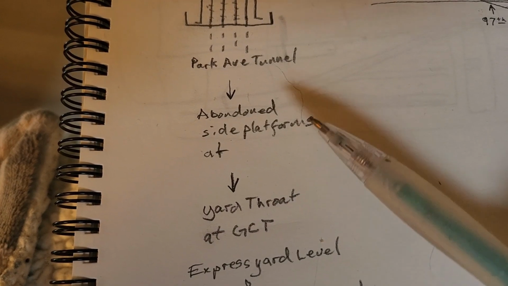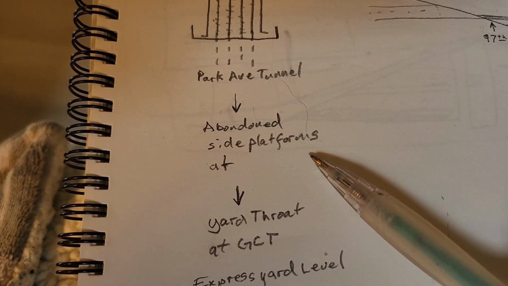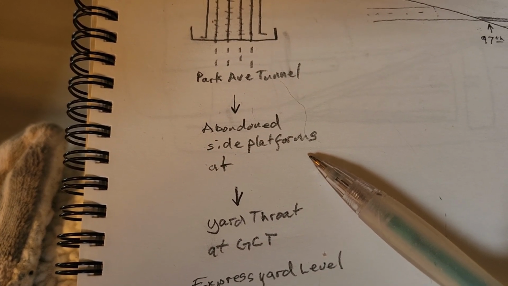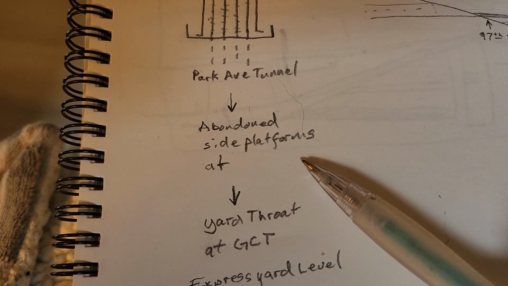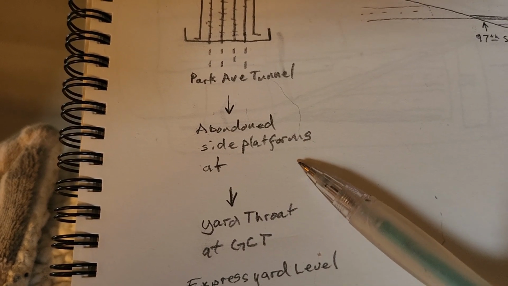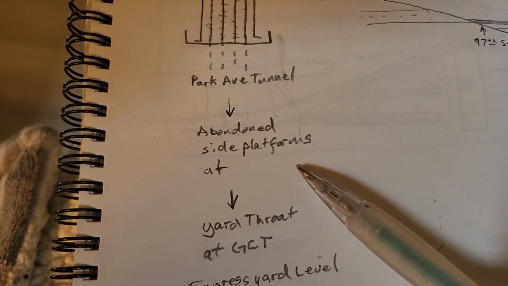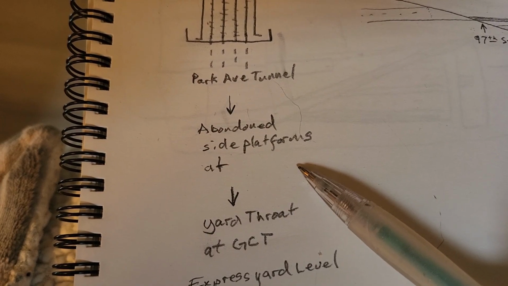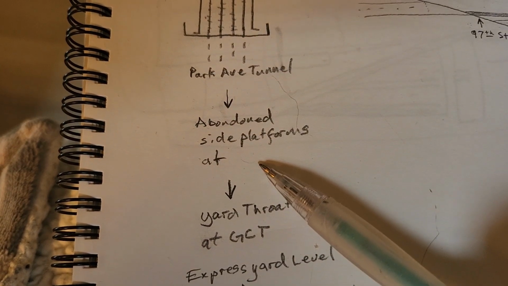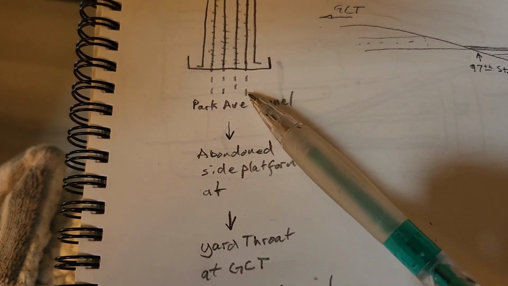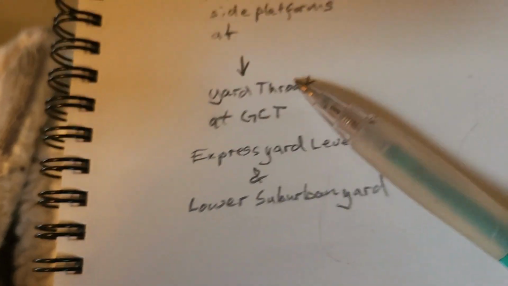And there would be a way, possibly, to create a passageway from that Lexington Avenue subway station to the abandoned side platforms in the Park Avenue tunnel, but I don't see the reason why, really. When you look at the plans online, when you look at Google, you can see that it's completely unnecessary. It would probably create so much of a traffic headache that they would need additional tracks other than the 4 mainline tracks that are going underneath Park Avenue to Grand Central Terminal.